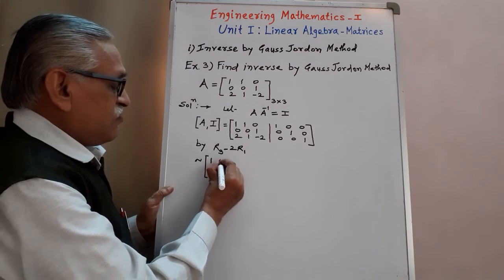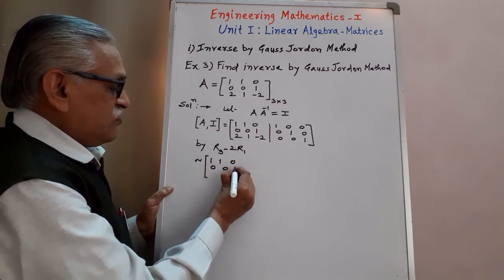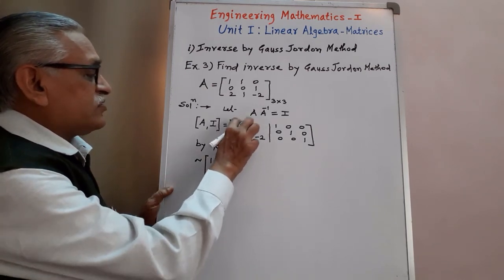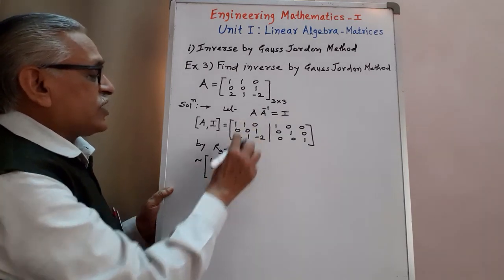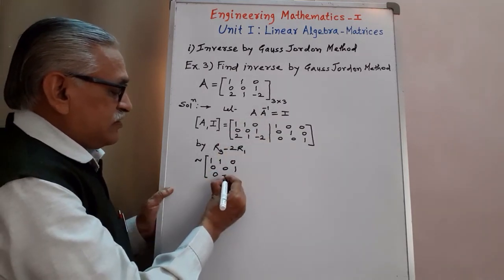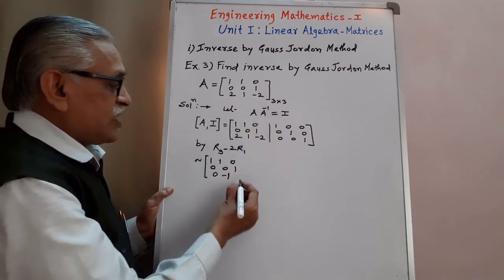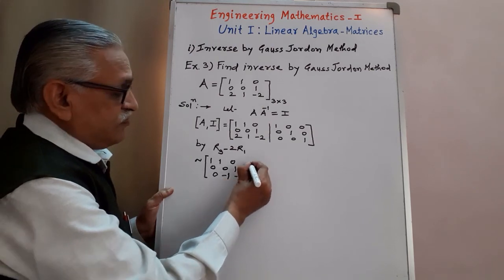It is 1, 1, 0, 0, 0, 1. Applying R3 minus 2 R1: 2 minus 2 times 1, 2 minus 2 we get 0 here. 1 minus 2 times 1, 1 minus 2 we get minus 1. Minus 2 minus 2 times 0, minus 2 minus 0 we get minus 2.